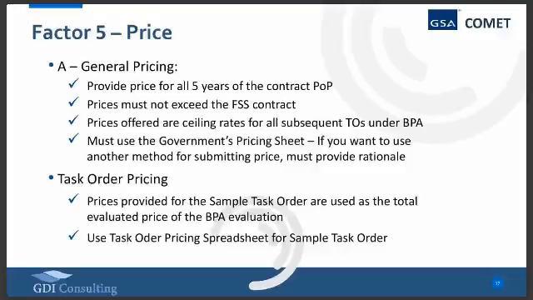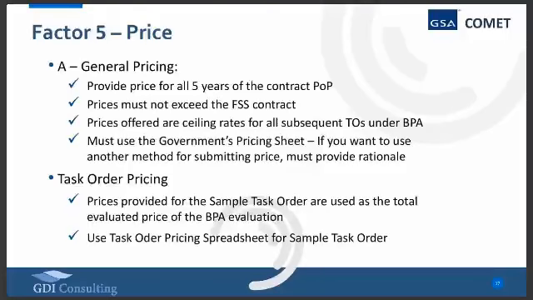Now, at the same time, they're going to provide us with a task order at this stage, and you're supposed to provide pricing for that task order. And that pricing that you provide for the task order is how this Factor 5 is going to be evaluated for the BPA evaluation and the contract.